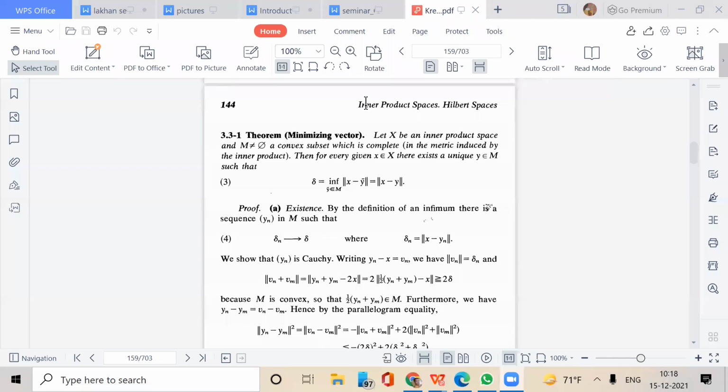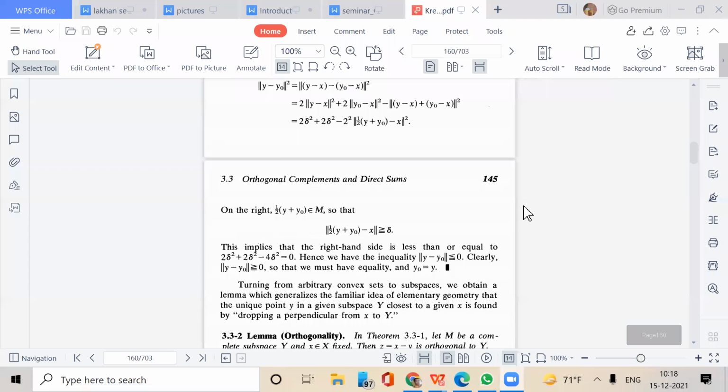In this theorem, it is given that M is a convex subset, not a subspace. Then for every given element x belongs to capital X, there exists a unique y belongs to M such that delta is equal to the infimum of norm of x minus y bar, infimum over y bar belongs to M, is equal to norm of x minus y.